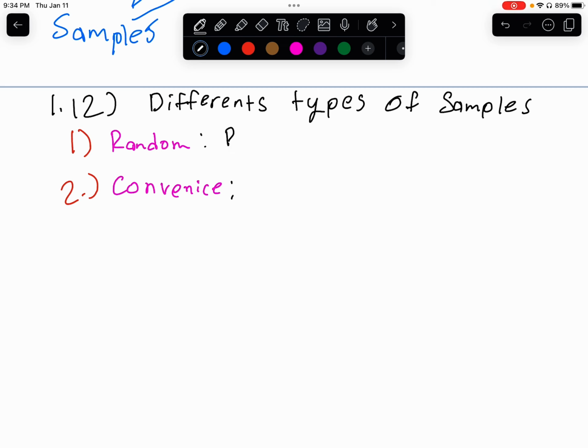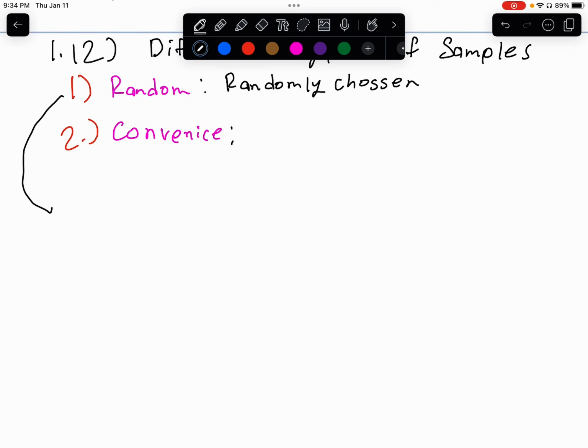The random sample is randomly chosen. For random sample, I'm going to put an arrow down here. Let's say I have a bag of balls, and I'm going to close my eyes and reach into this bag of balls and grab a red or a blue ball.